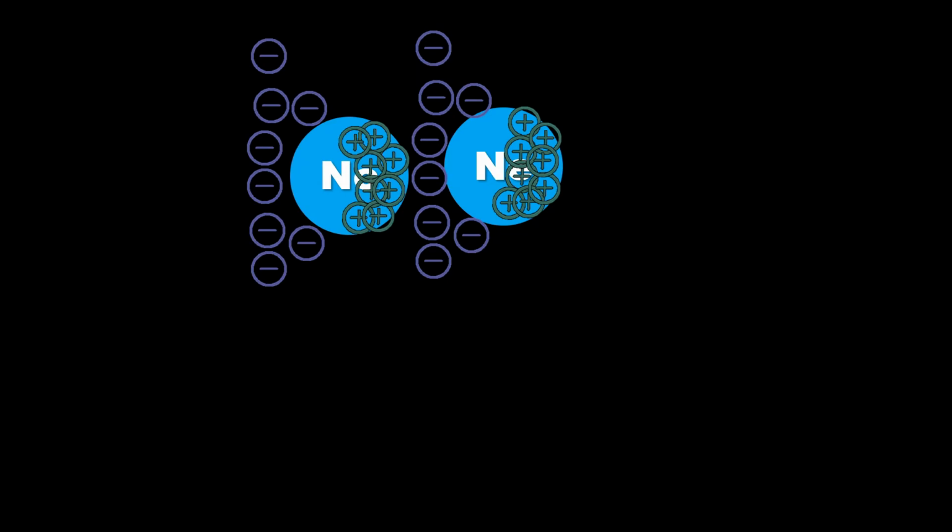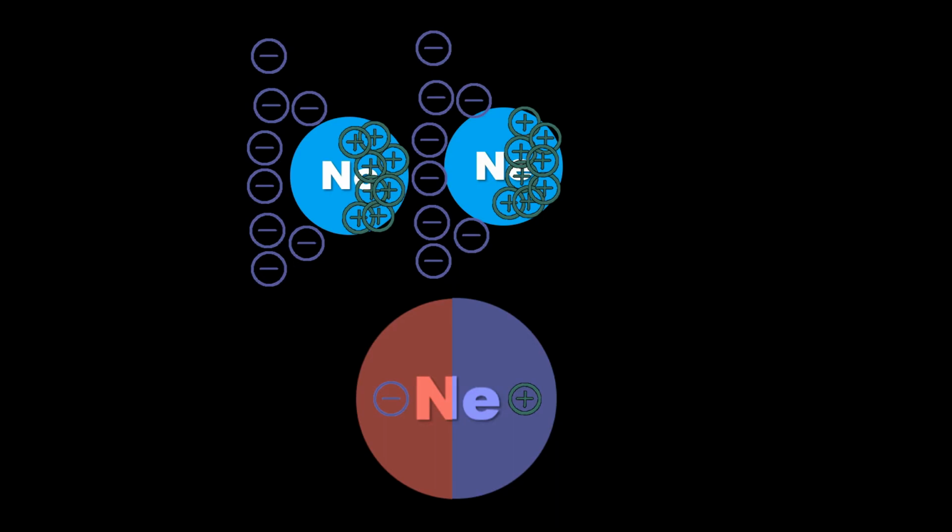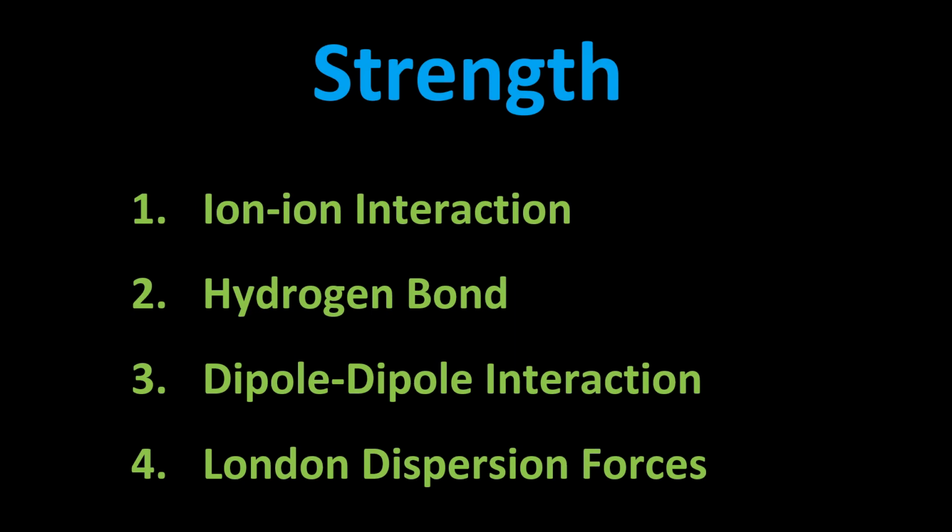Their charges interact, making each a temporary dipole, with having one side negative and the other positive. This phenomenon is what we call a London dispersion force. Arranging these forces according to strength, with ion-ion the strongest, while London dispersion forces are the weakest.